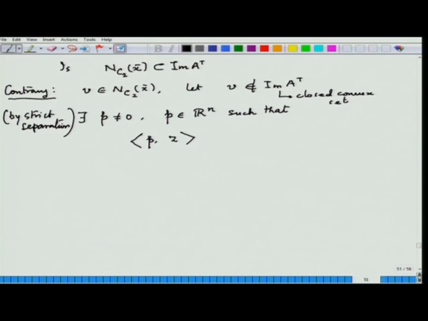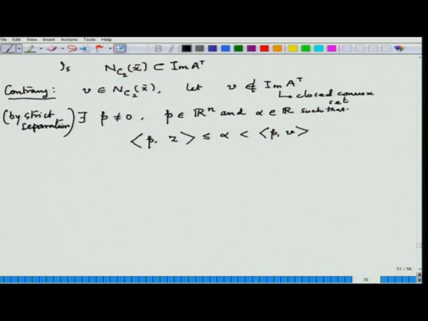By the strict separation, there is a P in Rn and alpha in R such that P of Z is less than or equal to alpha, strictly less than P of V.